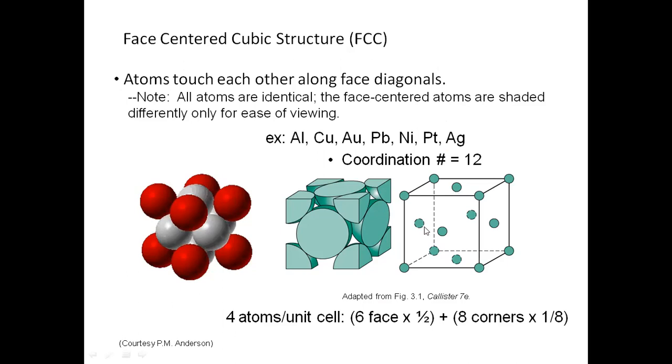Now how do we get the number of atoms in this cell? Can you calculate together? Anyone willing to give it a try?